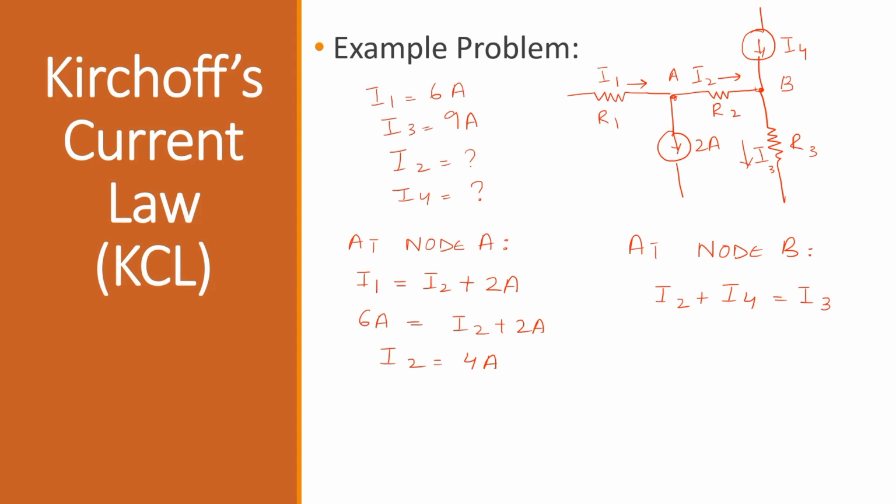Now we just calculated that I2 is 4 amperes and I4 is unknown and I3 is 9 amperes. So after solving we get I4 equals 5 amperes. So these are your unknown currents.